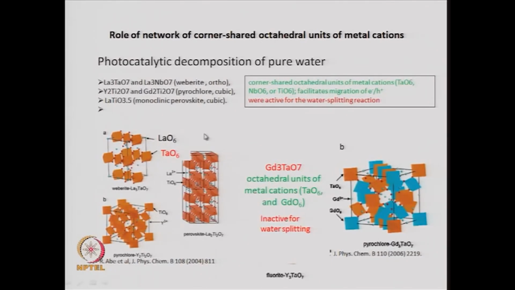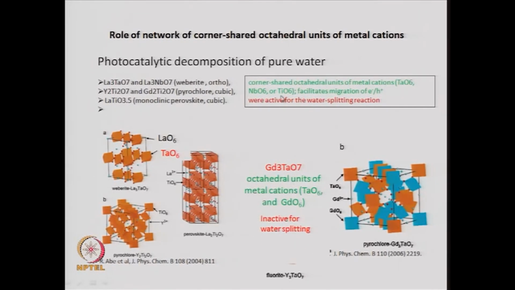In such cases, the photocatalysis is very high. There is another example where you have two types of octahedra, tantalum oxide and another rare earth oxide, but when there are two types of octahedra and they get interconnected, then the activity for the photocatalysis decreases.